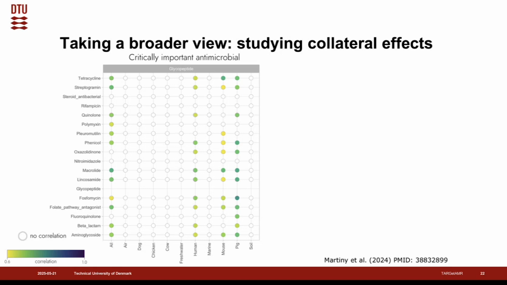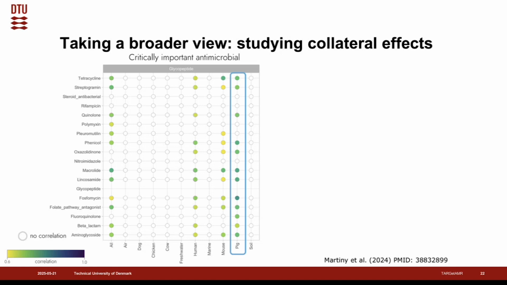It shows different environments and the link, or correlation, between tetracycline resistance and glycopeptide resistance. The more purple the color, the higher. So we can, for example, see that across different environments, there's a different risk of these collateral effects occurring.